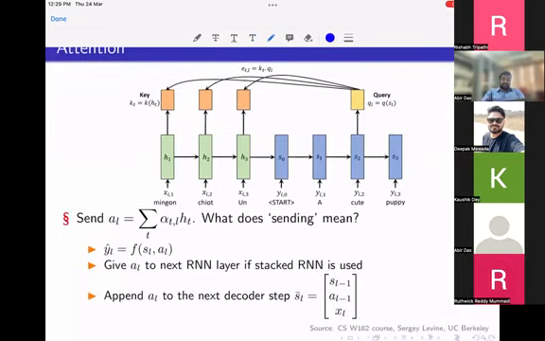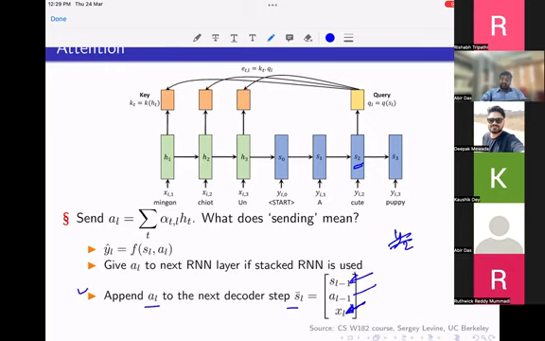Another way is to append AL to the next decoder step, SL bar. Previously this is how we were getting the next decoder step. Suppose this S2 was a function of Y2. In general, since we denote input as X, I have just given XL, but it was a function of the input at that time step and the previous hidden state from the decoder.